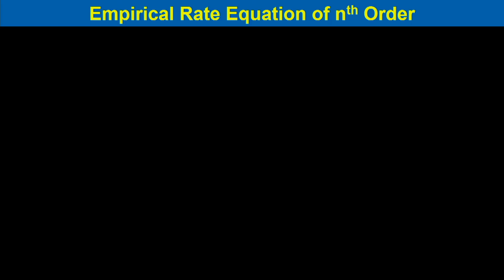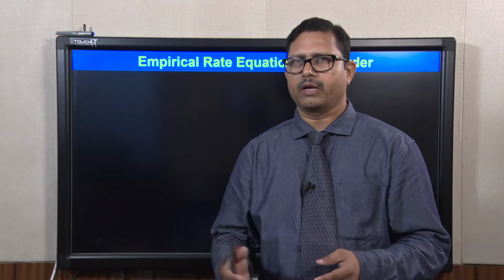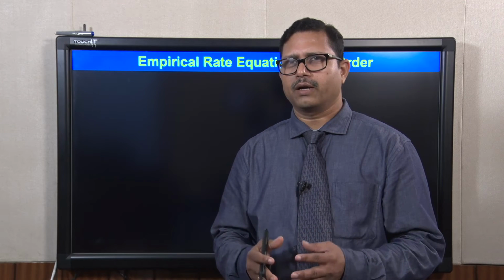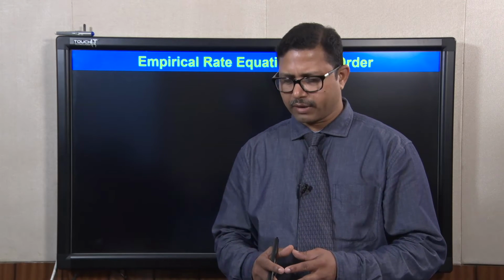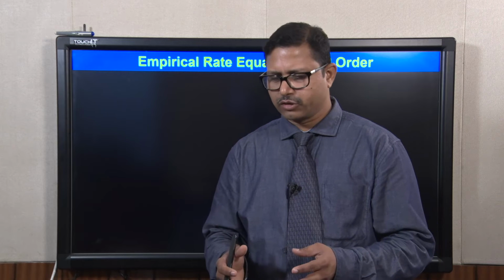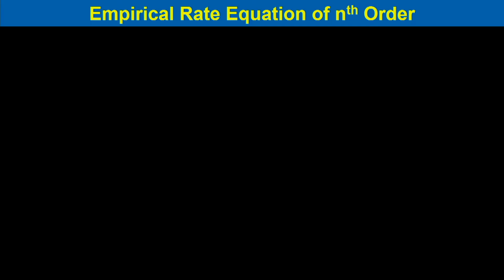When the order of the reactions or the reaction mechanism are not known for a particular reaction, we can consider a general order of the reactions and find out what is the actual order of the reaction to fit the particular nth order kinetics.